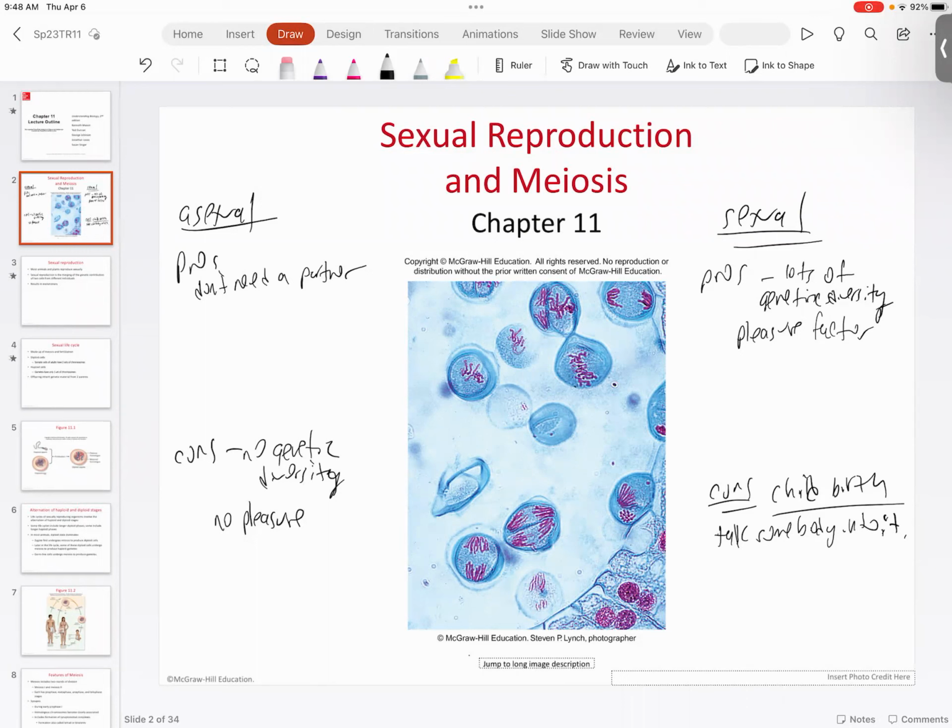Think in terms of energetics, efficiency. So that would be what, a pro? More energy than sexual. That is a con?